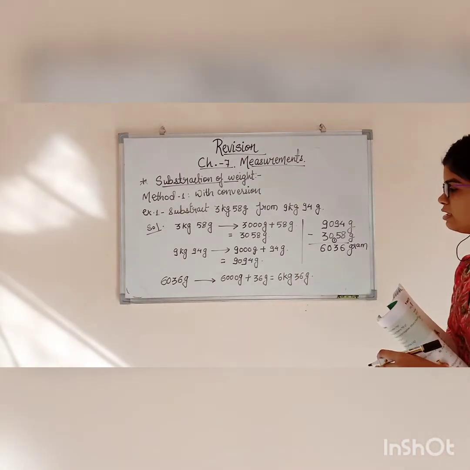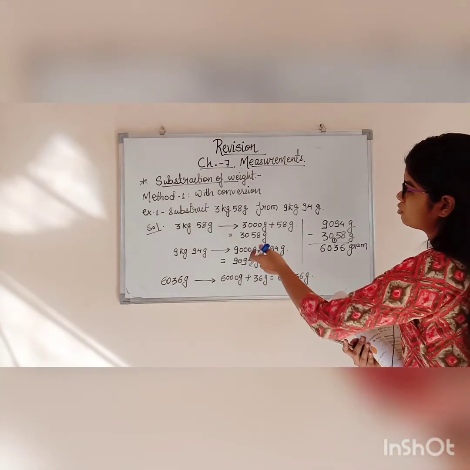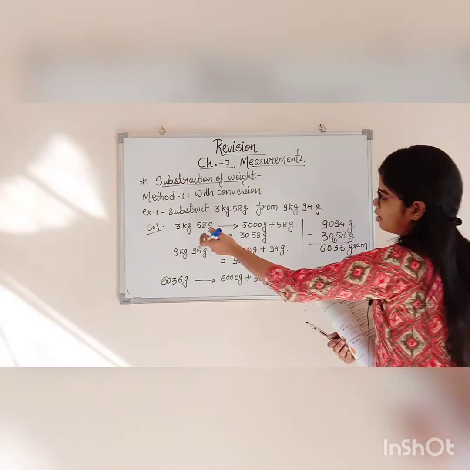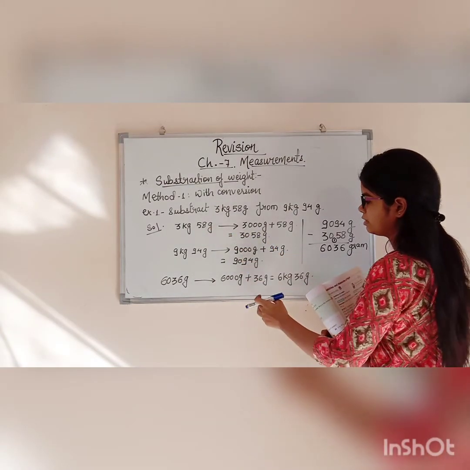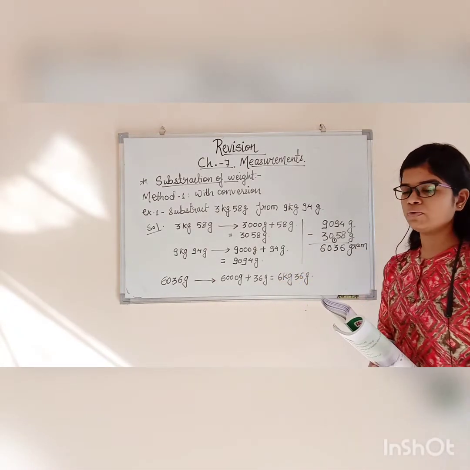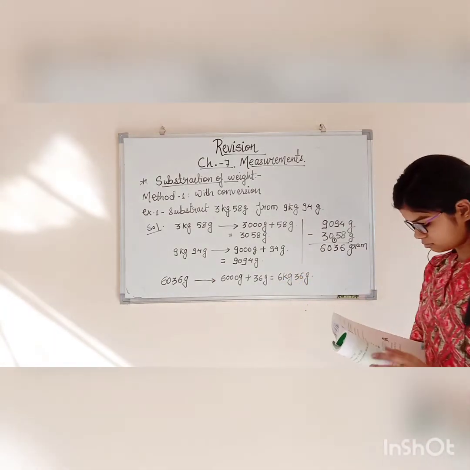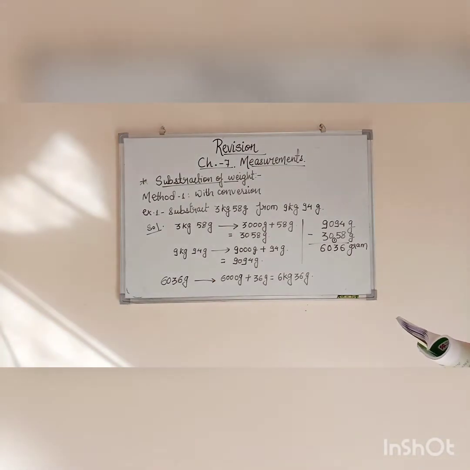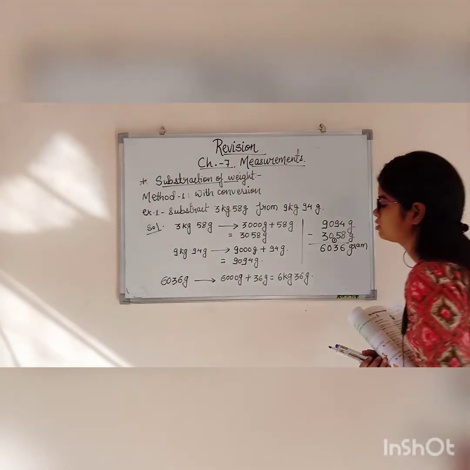So is it clear to all of you that we have to convert kilogram to gram first, then subtract these numbers, and then again convert it into kilogram and grams. Then the next method is method 2, without conversion.